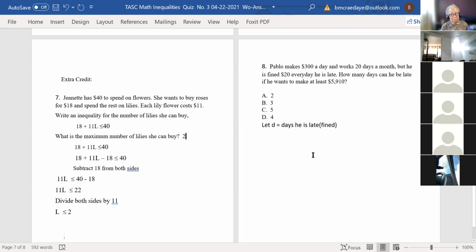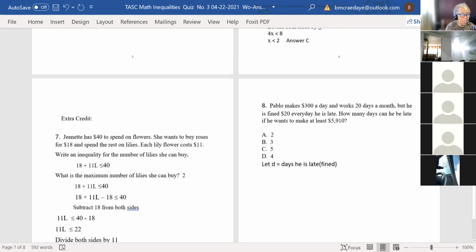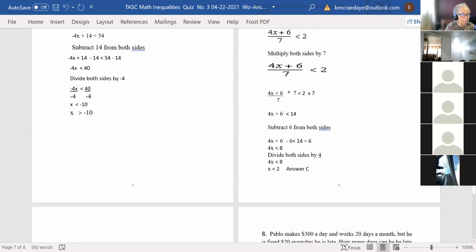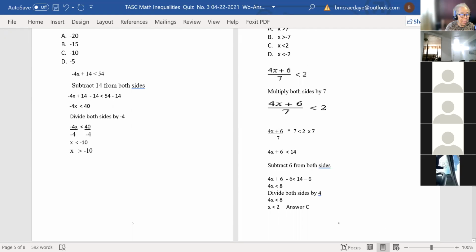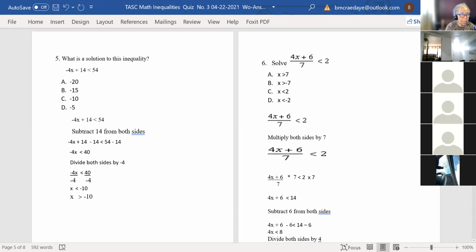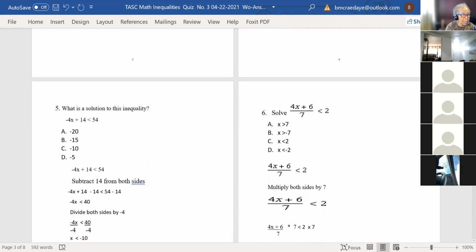Well, it has to be greater or less. So we need our inequality symbol here, and it's going to be a greater than. Let me find a greater than or less symbol.